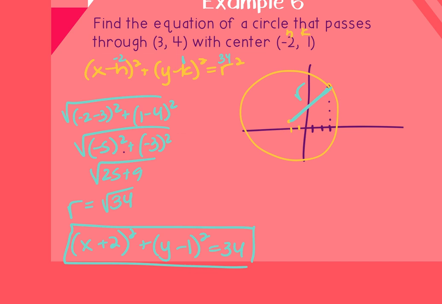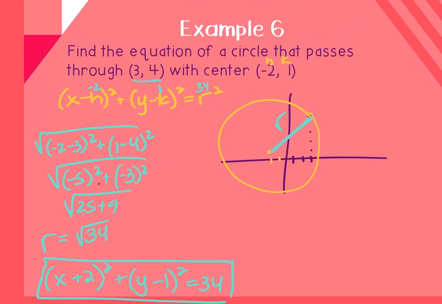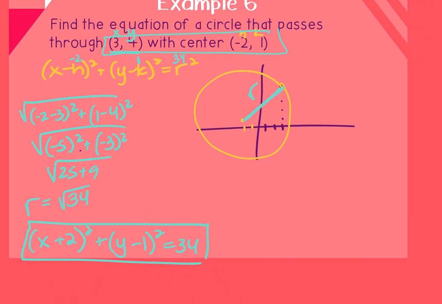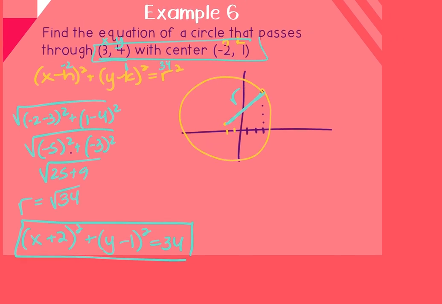The other way to do it is that if this is a point that's on the circle, this is an (x, y), and any (x, y) that is on that circle can be plugged into this equation as x and y. So then from the beginning, without having to do the distance formula, I have the h, I have the k, I have the x, I have the y. The only thing you're missing is the r squared. So if I were to plug that in, and the order is important, x has to come first, then h.